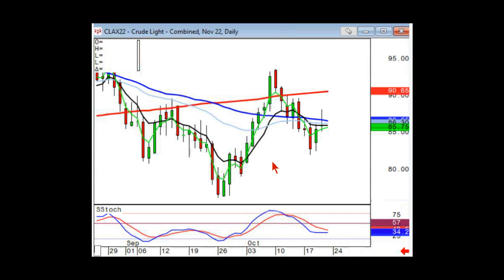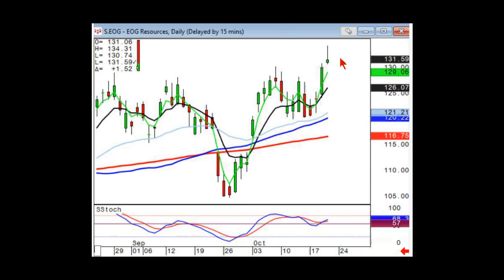Yeah, get ready to take some profits on the energy stocks if they start opening lower. So you've got other things that can give you an indication of what could happen after a suspected signal, like a shooting star. But if it did open lower tomorrow, let's get right back out of this trade.